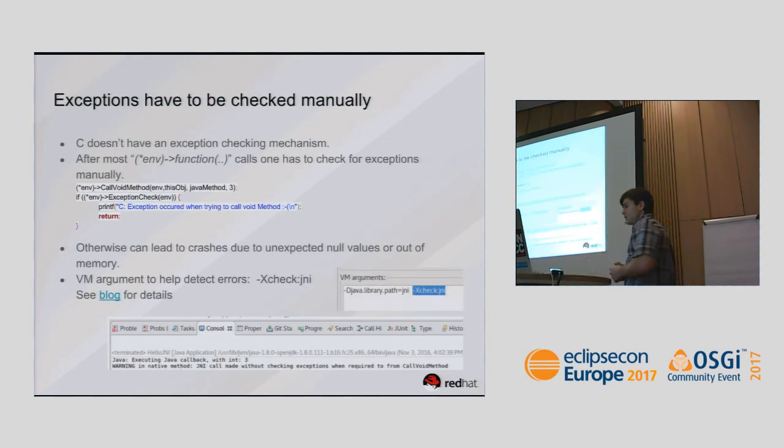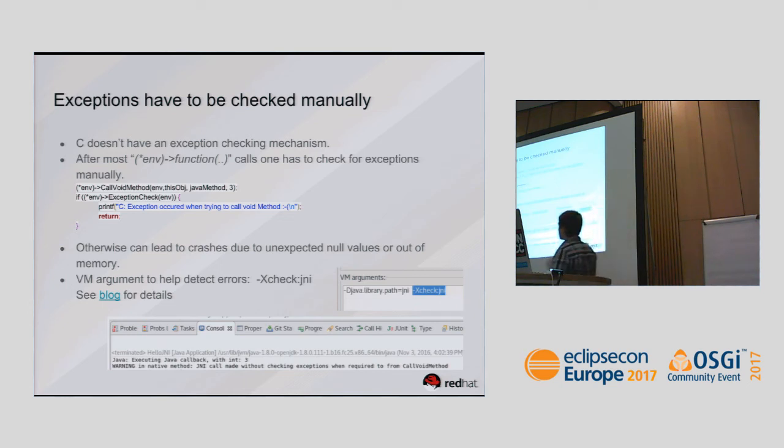So one thing in C is that if you call a Java method from C, you need to check exceptions manually. C doesn't have any notion of exceptions. However, JNI provides you with some tools to help you along.